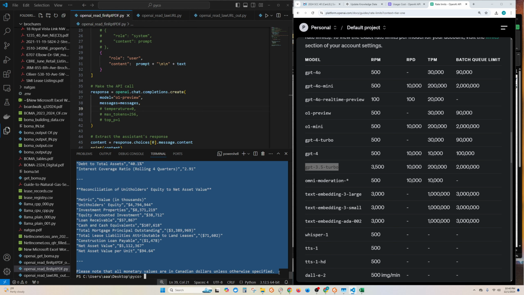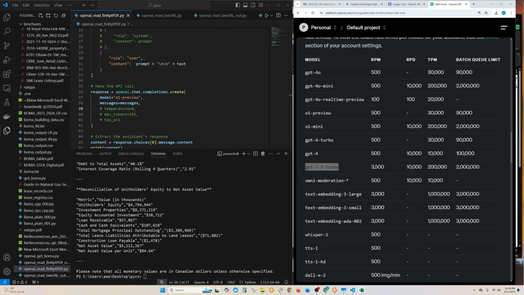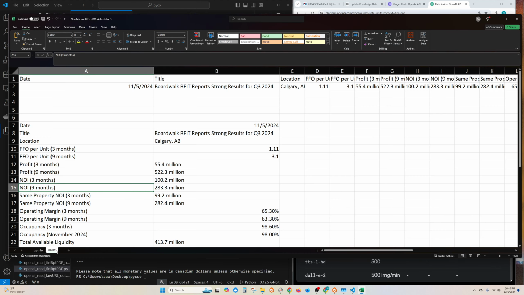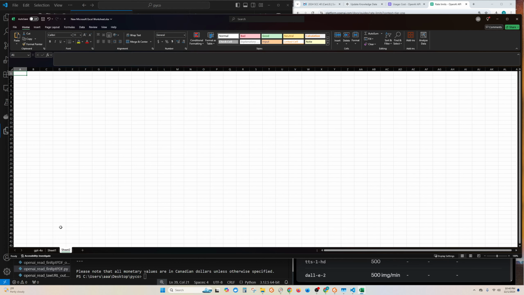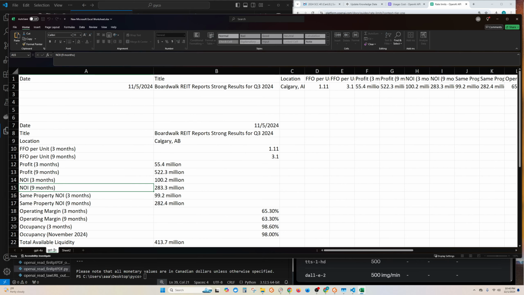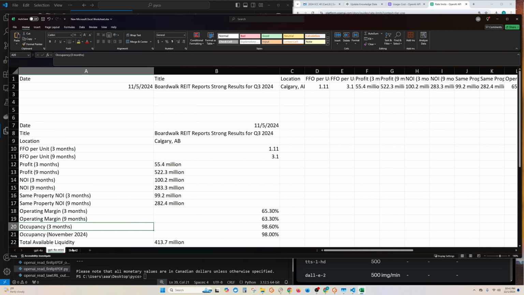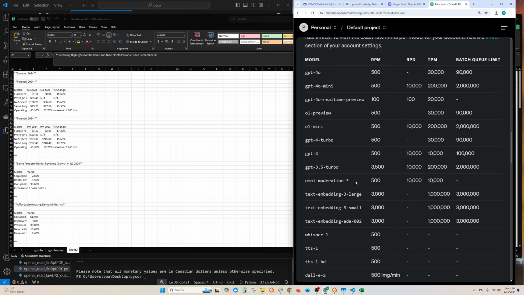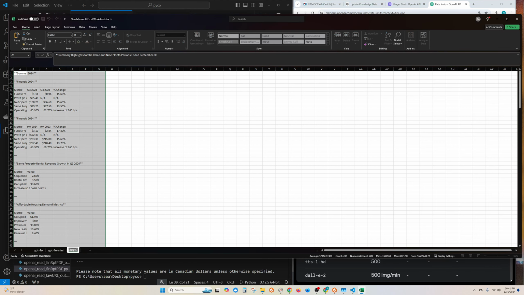Please note all monetary values are in Canadian dollars unless otherwise specified. Okay, let's go like that. Let's go like this so we don't forget who's who. Who's who in the zoo?